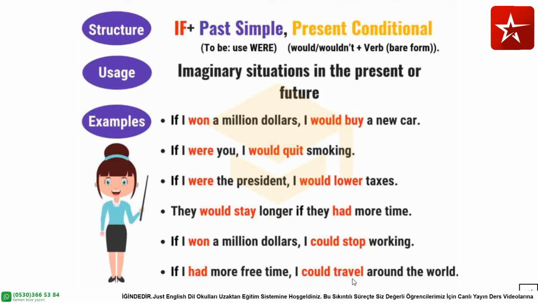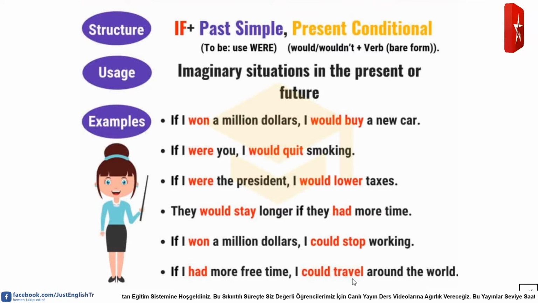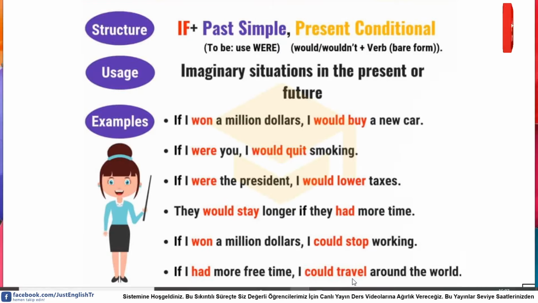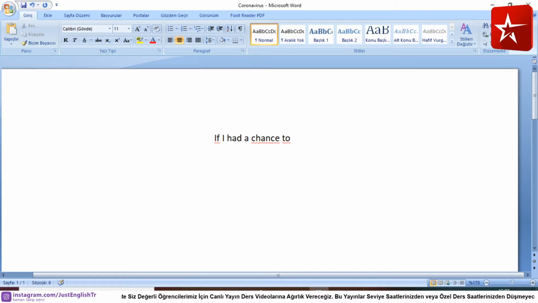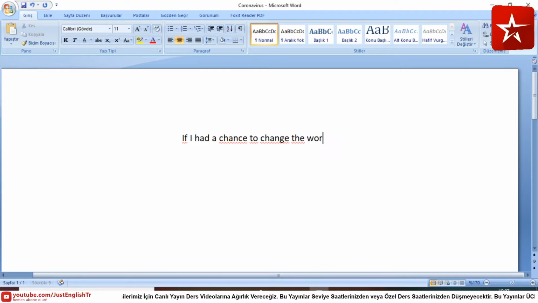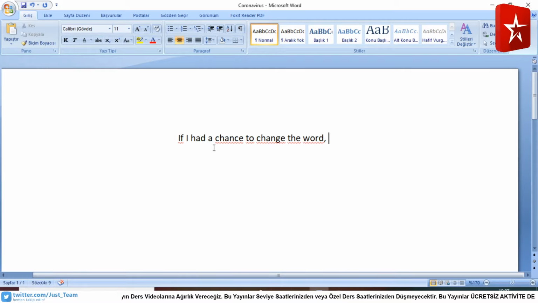All right, I will ask you to make some new sentences for the second conditional. For example, if I had a chance to change the world, what would I do?